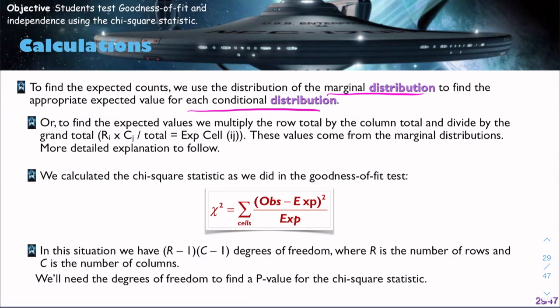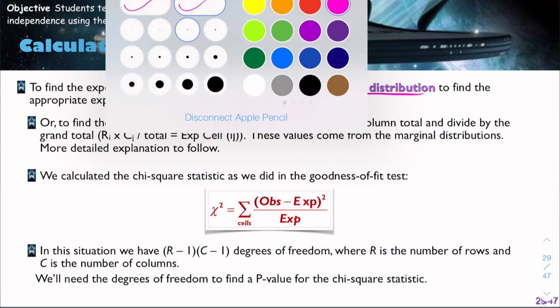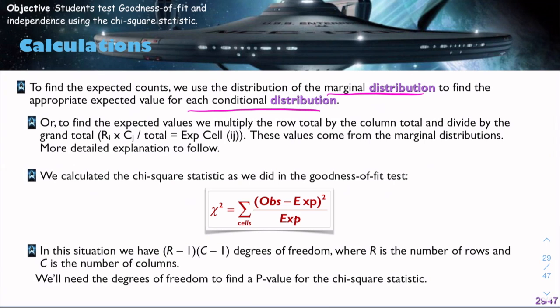So we're looking at the edges of our table to then calculate the expected value for each cell. Or to put it in calculator terms, to find the expected values, we multiply the row total by the column total and then divide by the grand total.